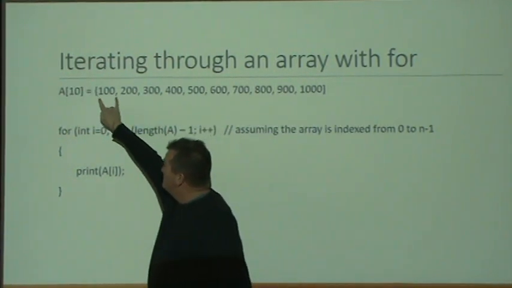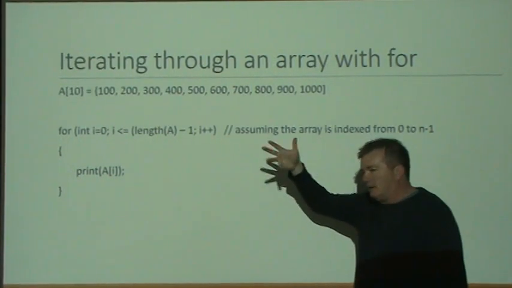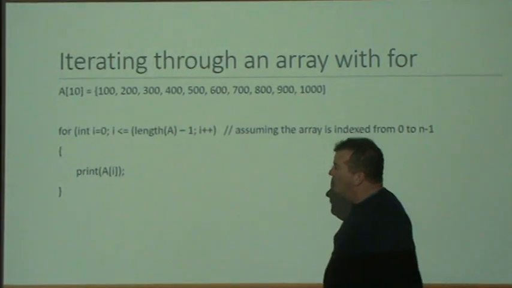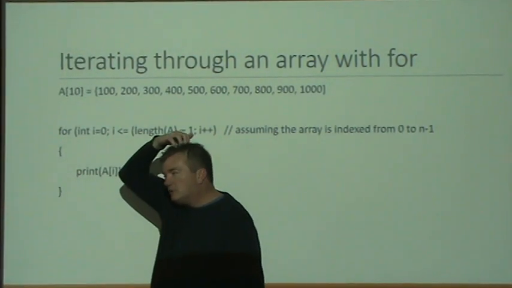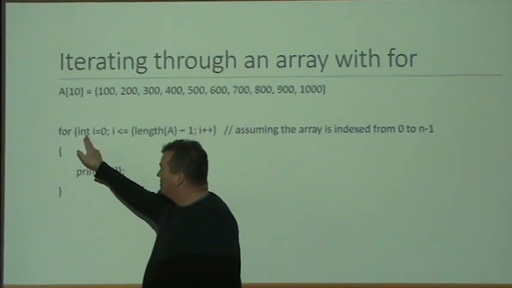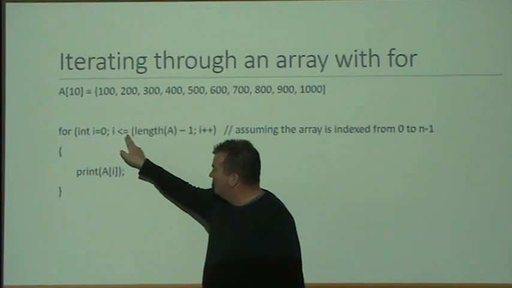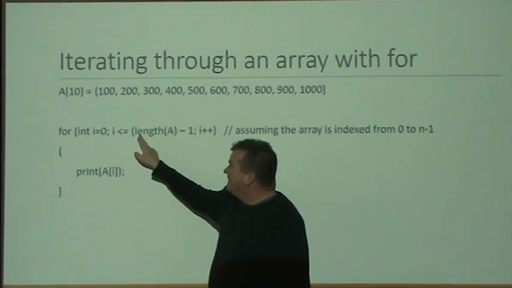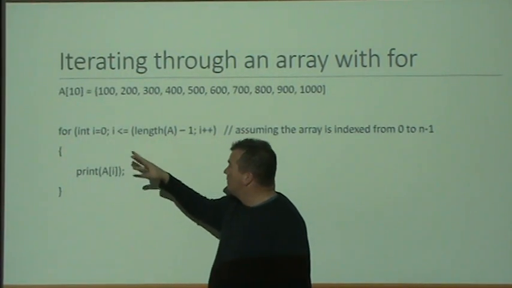How much room these take up will be multiplied by the index, and maybe you'll add a 1 or maybe you won't. If you remember when we talked about loops, we can have a for loop that says for I equals 0, as long as I is less than or equal to the length of the array minus 1, where A is the name of the array.